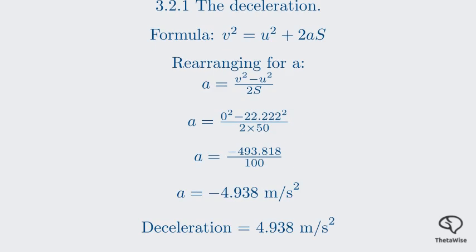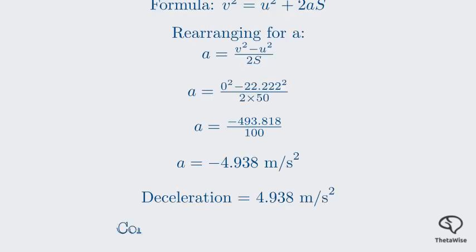It indicates that the car is decelerating or slowing down, which makes perfect sense for braking. The magnitude of the deceleration is 4.938 meters per second squared. Comparing our answer to the marking guideline, which shows a value of negative 4.938 meters per second squared, our calculation is correct. We've successfully calculated the deceleration.